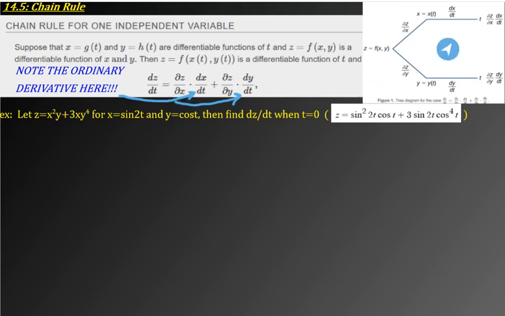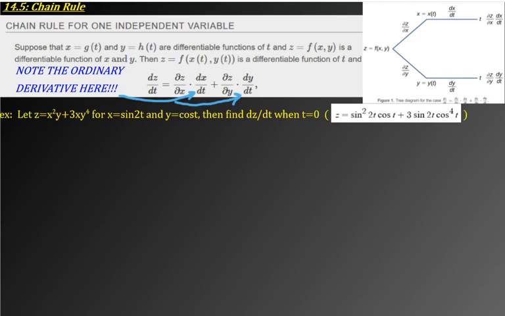So this is just a tree diagram to help you see what's happening here. Basically, if you want to check z with respect to t, you need to check along the x branch and along the y branch. And then you're adding those together, and that gives you the full change in z with respect to t.